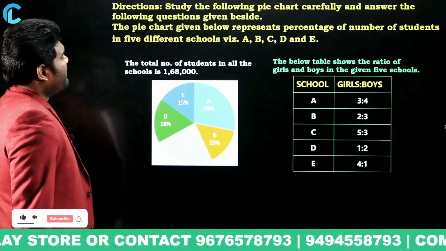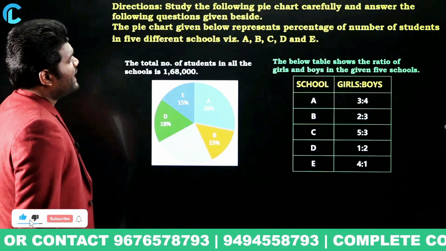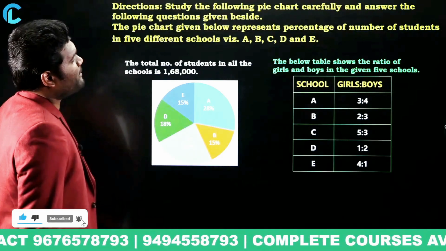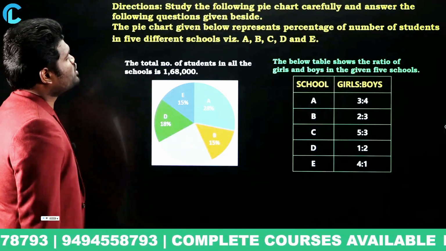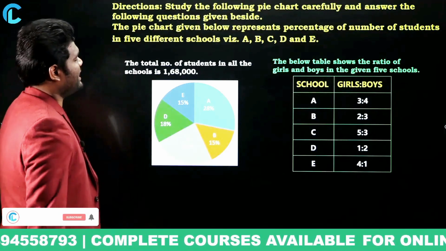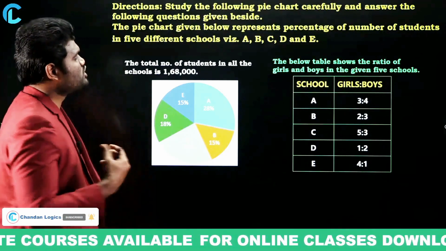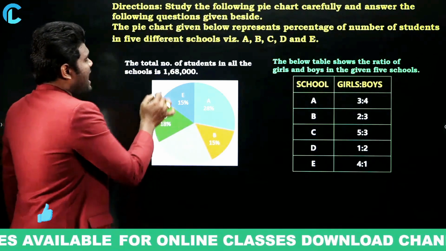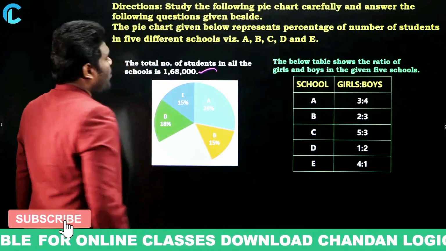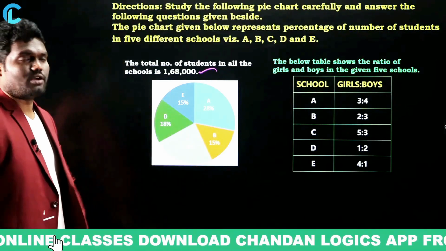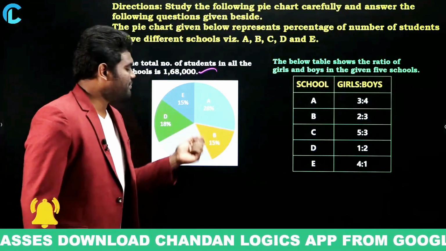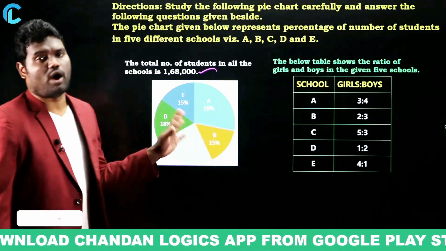Look at this. The pie chart given below represents the percentage of the number of students in 5 different schools A, B, C, D and E. The total number of students is 1,68,000. In school A it is 28%, school B 15% and so on.